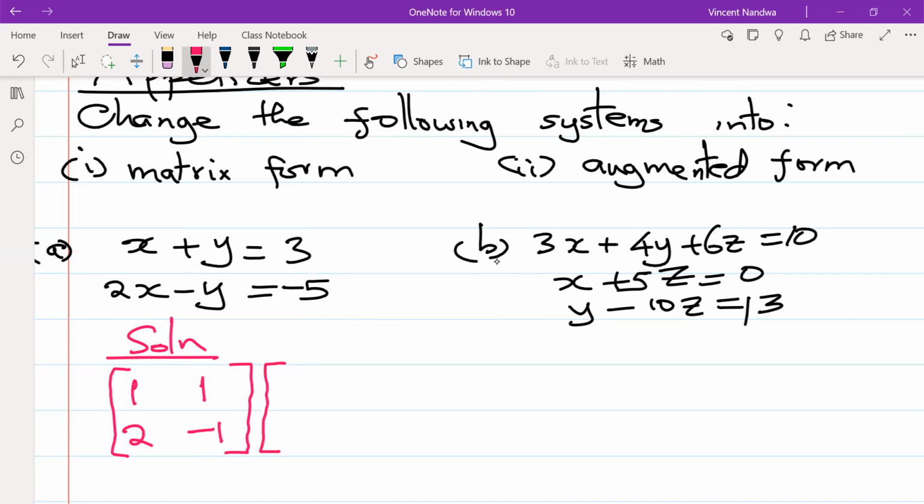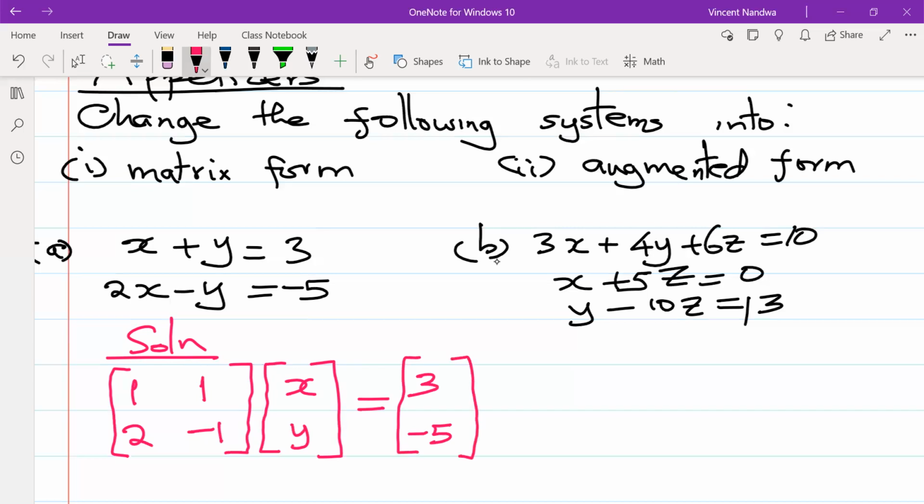And then in this system, the starting variable in each equation is x, so you write it here, followed by y, you write it down here, equals the right-hand side. This is 3, followed by -5.